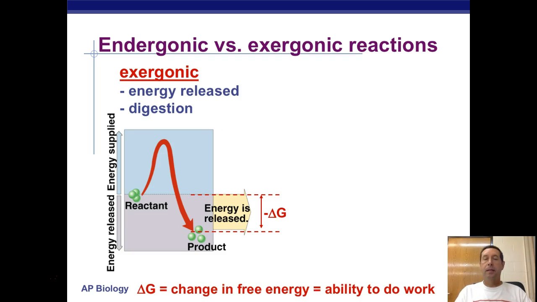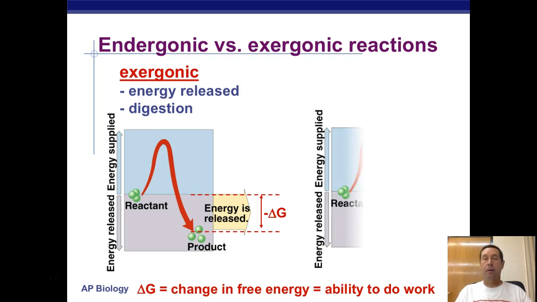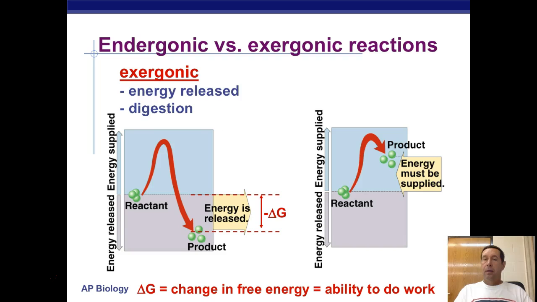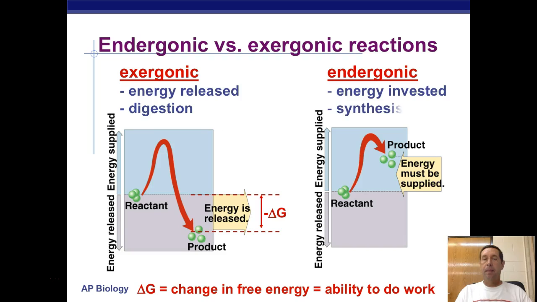So delta G has to do with the ability to do work, the energy to do work. So if delta G goes down, there's less ability to do work. In an endergonic reaction, the products have more energy, so energy has to be inputted into the reaction, and delta G is going to be positive.